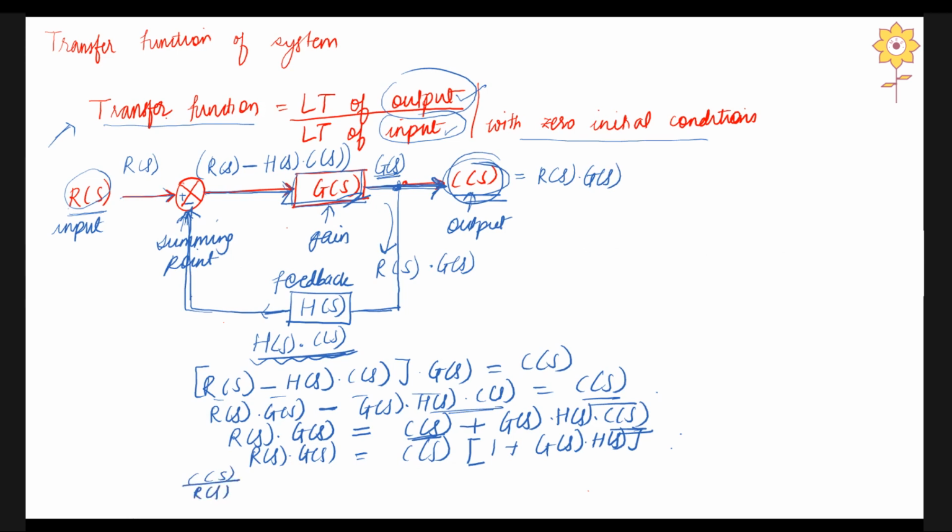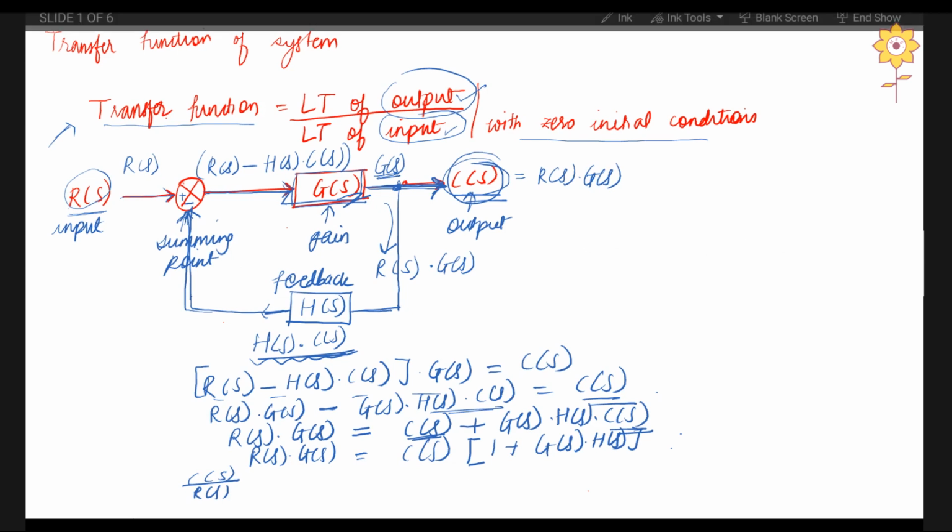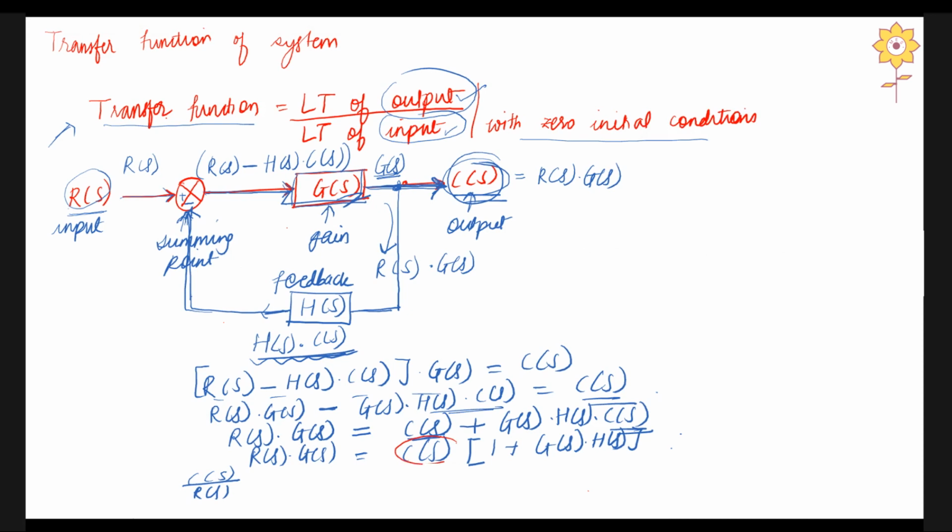In this equation, we can see that we have C(S) and R(S). So, we can further simplify this equation as C(S) upon R(S) is equal to G(S) upon 1 plus G(S) into H(S). So, this is nothing but the transfer function equation.